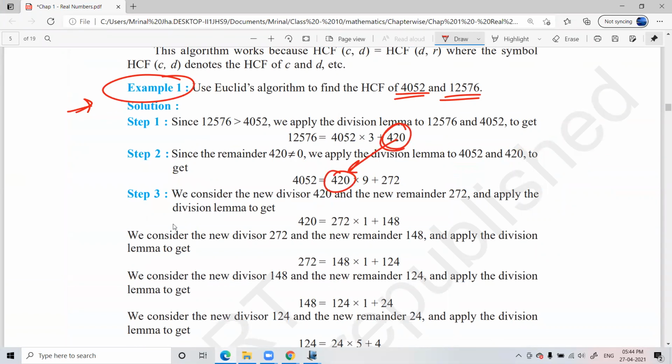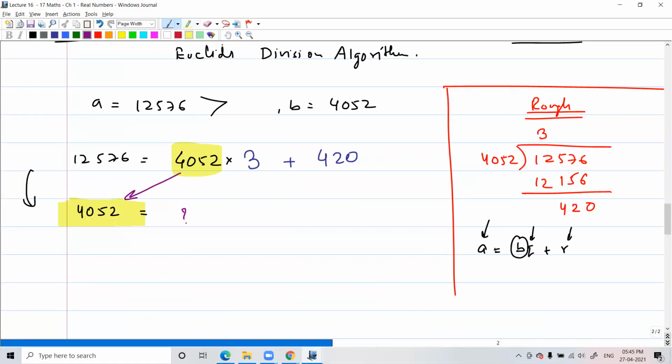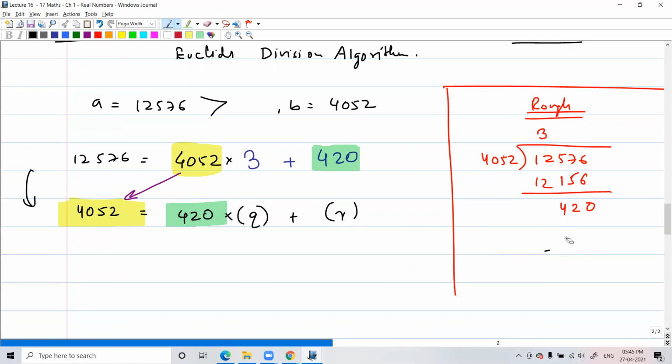Whichever was the remainder in the previous step, that becomes your divisor. This 420 becomes the divisor now. Now 420 into what? Can we find out the quotient and remainder for this one? This time you'll have to do the division.